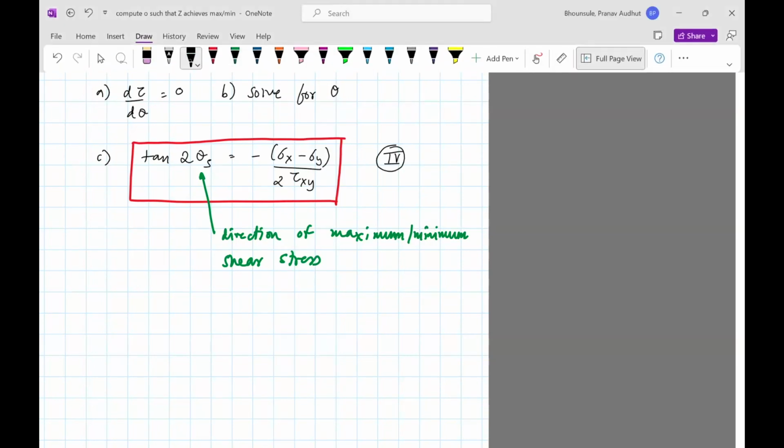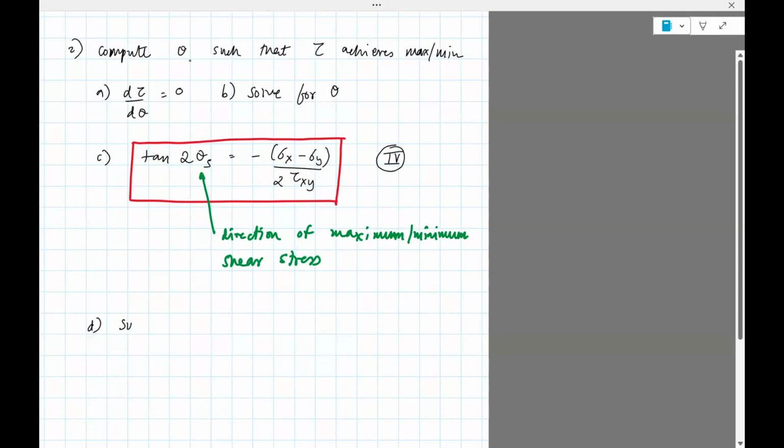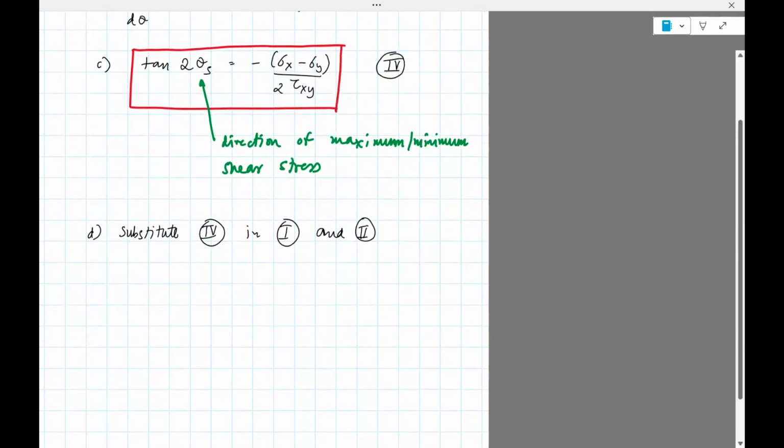Okay, and then the final thing is we substitute number 4 in equation 1, which is for normal stress, and 2, which is the shear stress, to get a formula for the principal shear stress that is going to be plus or minus.